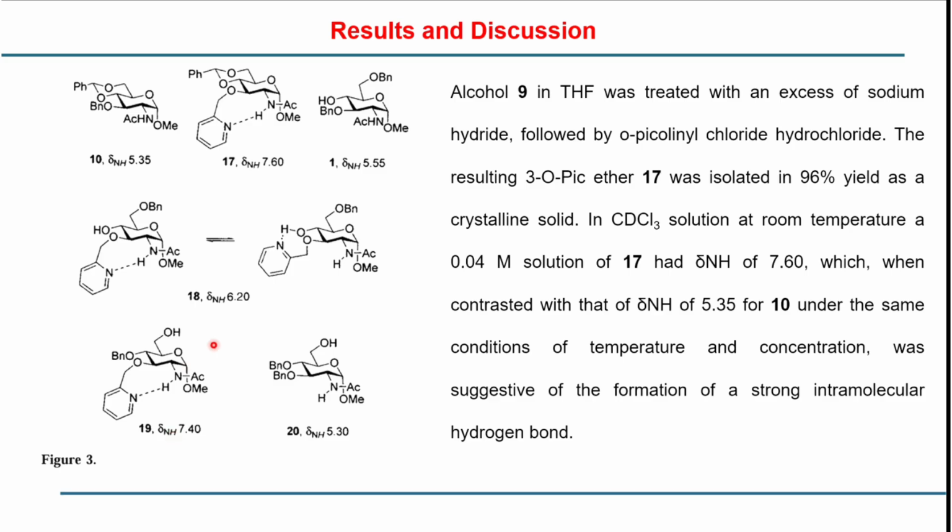But the problem they were looking at was an acceptor with a free C4 hydroxy. What they got here was the intramolecular hydrogen-bonded one with the free C6 hydroxy, which is known to be more reactive compared to the C4. But still, they tried the reaction of 18 and 19.